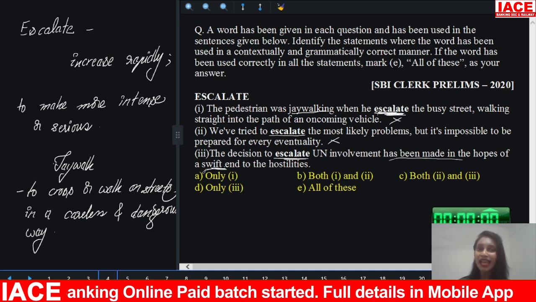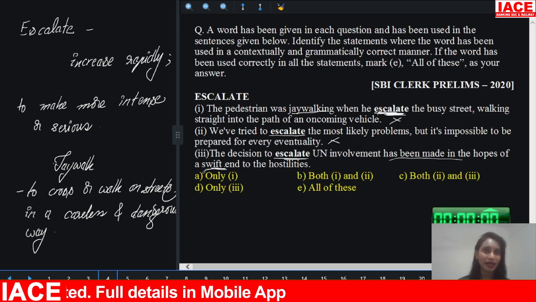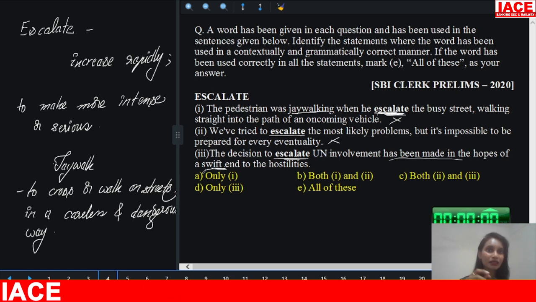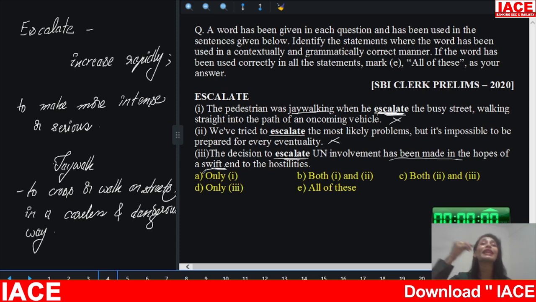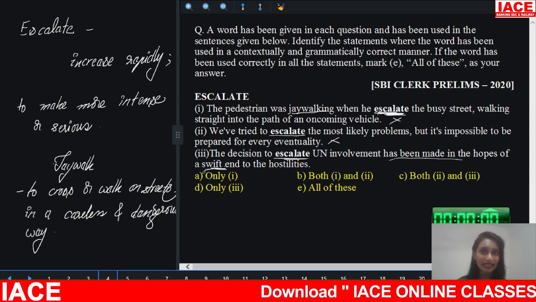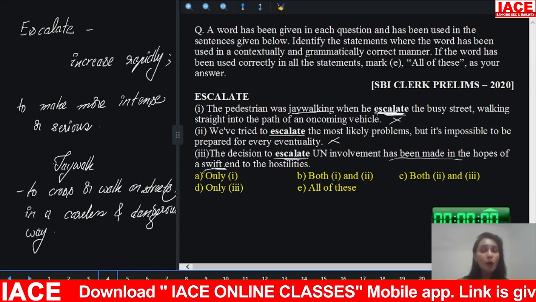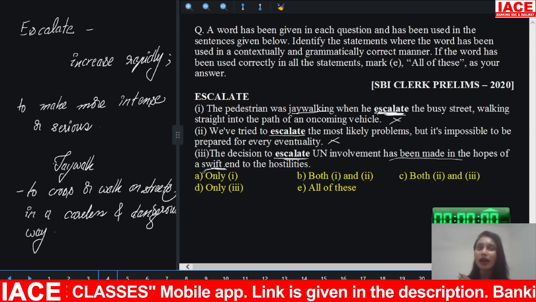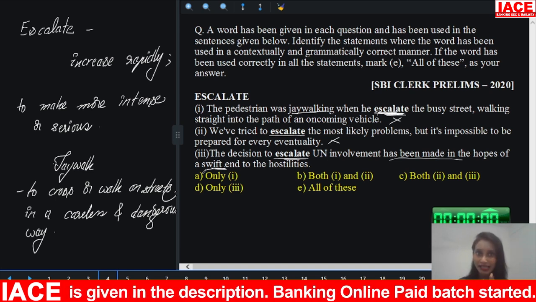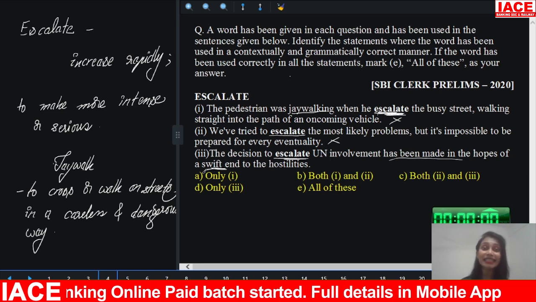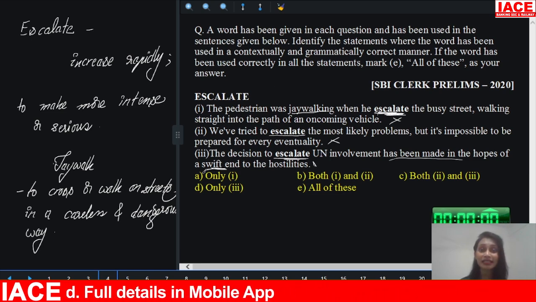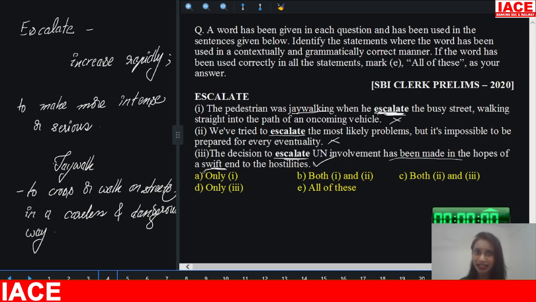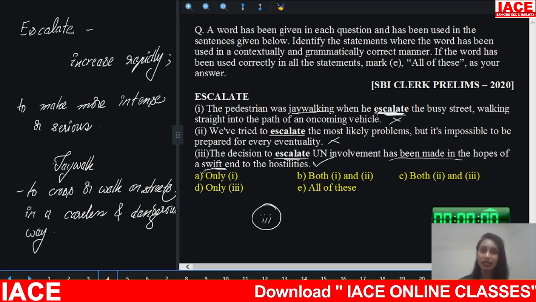Now the decision to escalate UN involvement, that means the decision to make the UN involvement more intense or more serious has been made in the hopes of a swift end to the hostilities, enmities. That means here escalate is giving appropriate sense contextually and grammatically. It is correct. So your sentence 3 is the only sentence which is correct with escalate.